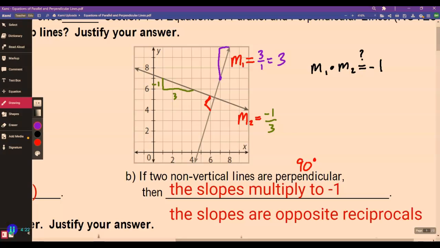If it equals any other number, then they're not a 90-degree angle. They don't make a 90-degree angle. So I can just test it out and say, well, my M1 is 3 times my second slope, which is -1/3. And the question is, 3 times -1/3, does that equal -1?